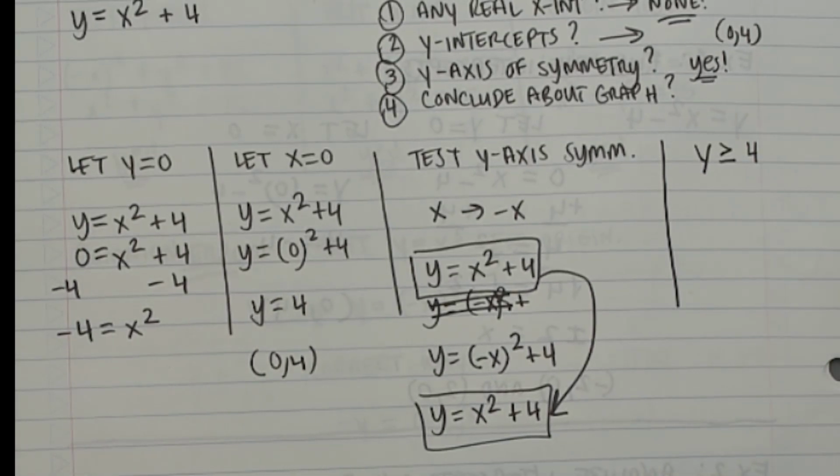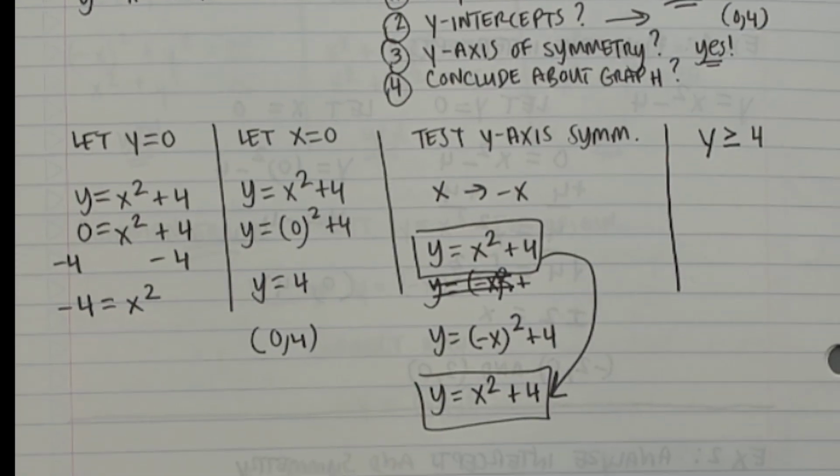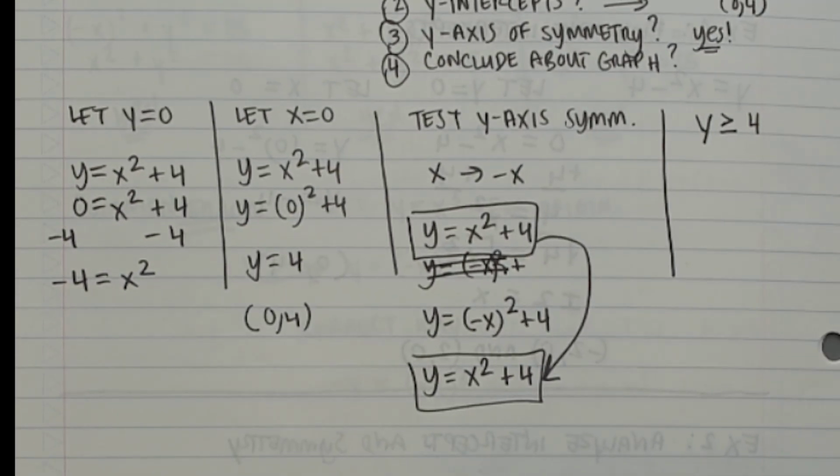So before drawing the graph, we already know that the entire graph lies on or above the horizontal line y equals 4. Okay. And so this is an example of using algebra to predict the graph.